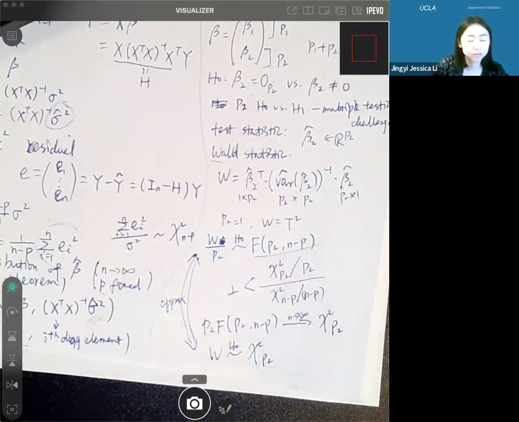Otherwise, if you don't have that normality assumption, you have to rely on the central limit theorem, so it's basically asymptotic. You can only have the result work well when n is large. I hope this makes sense. Okay, any questions before we move on?